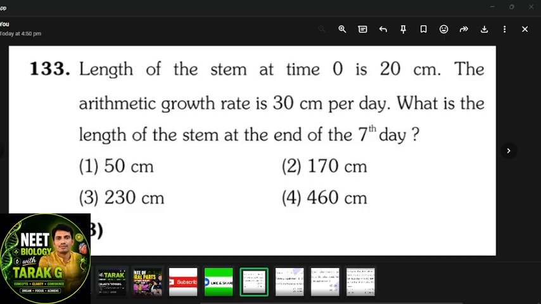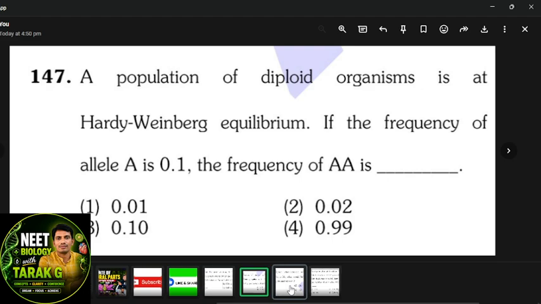We'll go for the next one, which is the Hardy-Weinberg principle, asked in yesterday's paper. A population of a diploid organism is at Hardy-Weinberg equilibrium.